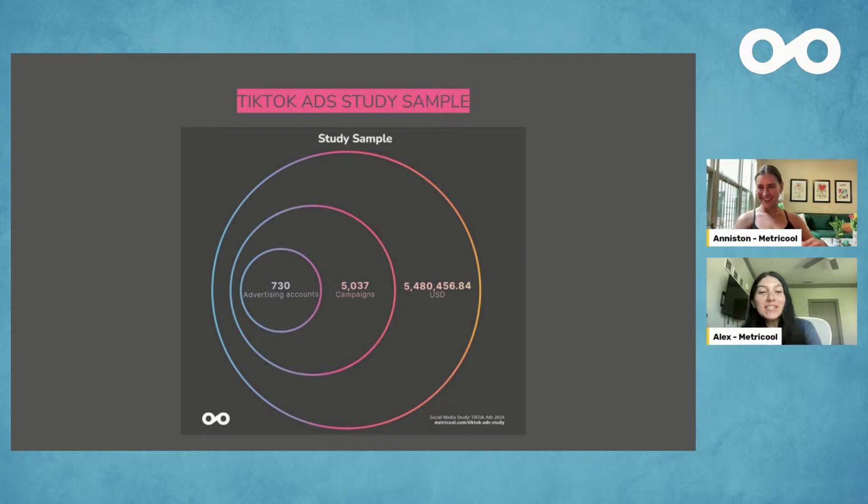I was just going to say that our study was over a period of 90 days. So the fact that 5 million was invested in just that short time frame really puts into account how much money is being spent on TikTok ads currently. True.